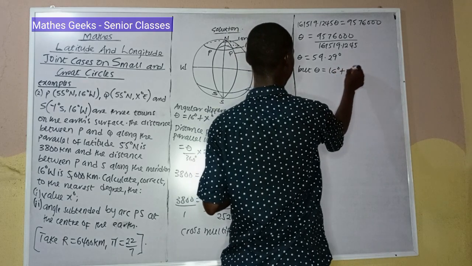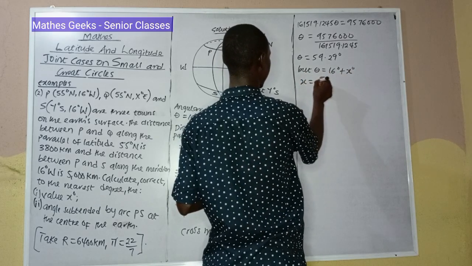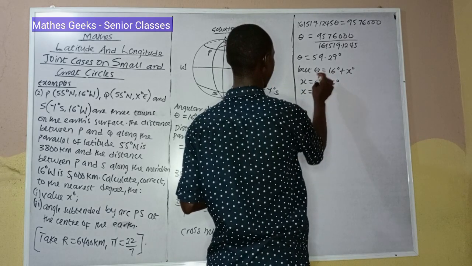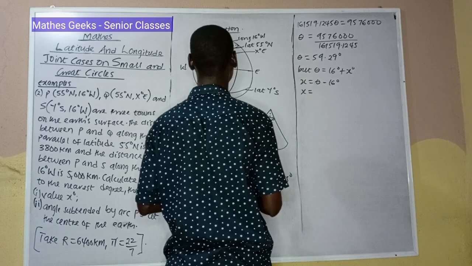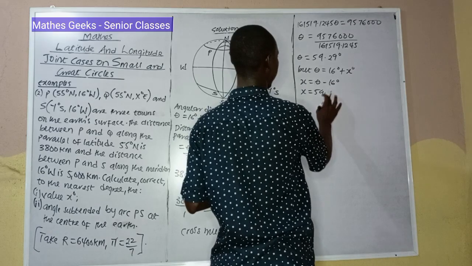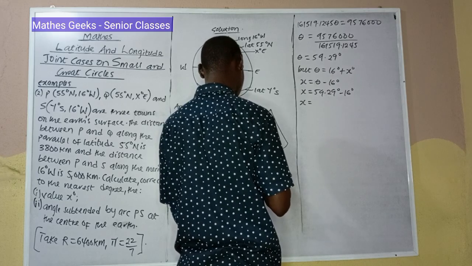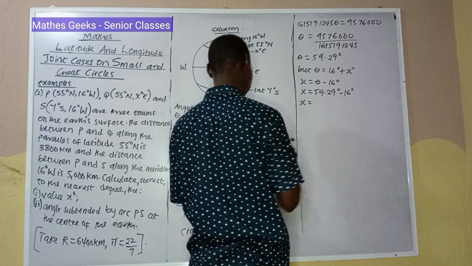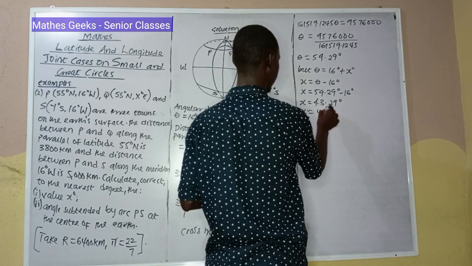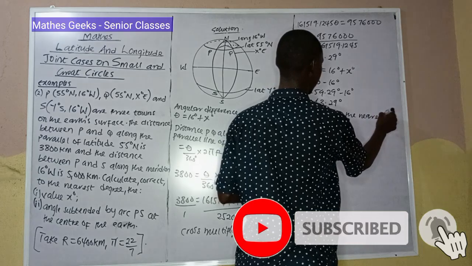But theta is equal to 16 degrees plus x degrees. So x is equal to theta minus 16 degrees. x is the longitude of Q. So x is equal to 59.29 degrees minus 16 degrees, x is equal to 43.29 degrees. x is approximately equal to 43 degrees east to the nearest degree.